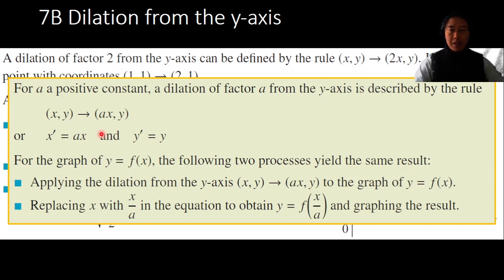We're going to generalize that to a coefficient a, which is affecting your x prime. For the function y equals f of x, we substitute x and y, and we obtain the rule y equals f of x over a, to get the new transformed function.